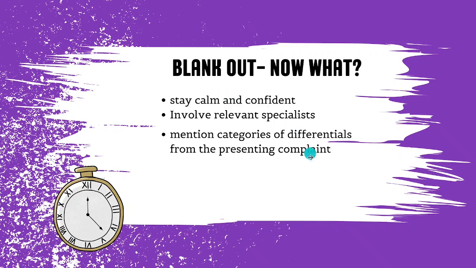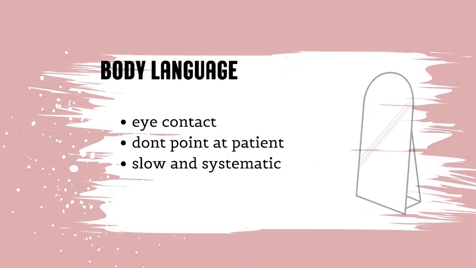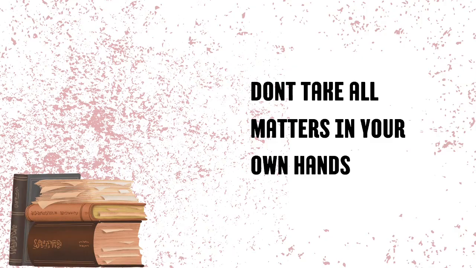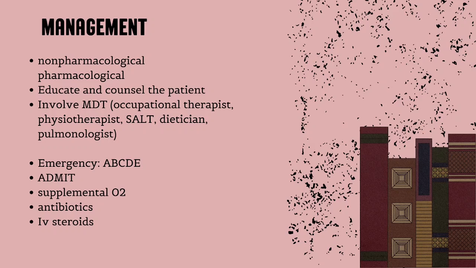Right, so on to the management. Like I said, even if you're clueless, like in real life, if you're unsure about something, you wouldn't guess, you wouldn't just say anything and do anything to the patient. You would get maybe a colleague, a coworker, or your senior for help, or you would look it up. So similarly, do the same thing in the exam. If you're unsure, mention that you'd like to involve the relevant specialist, involve the MDT, a couple of specialties of that case, do the symptomatic management.